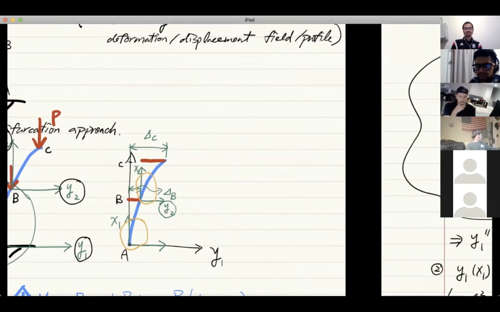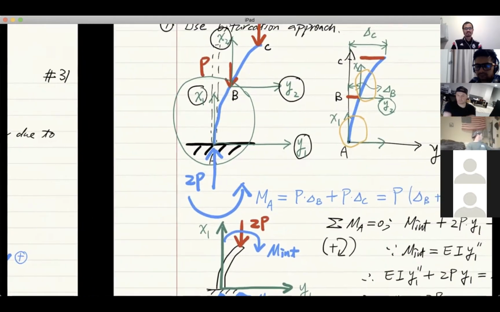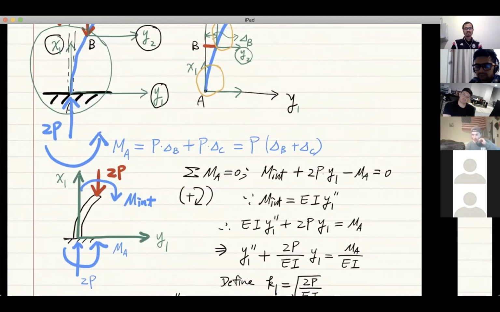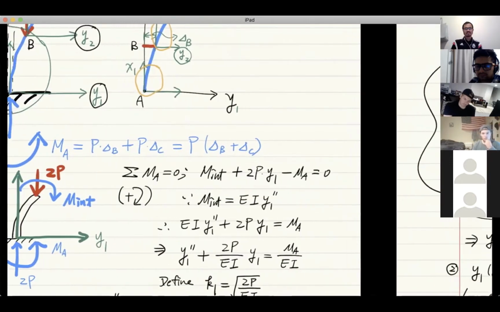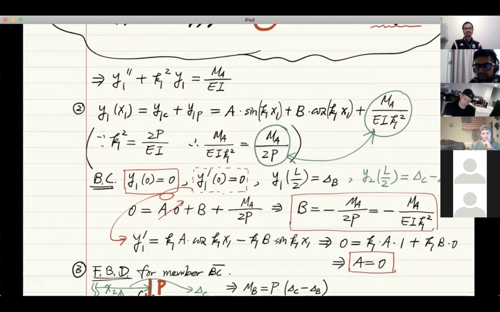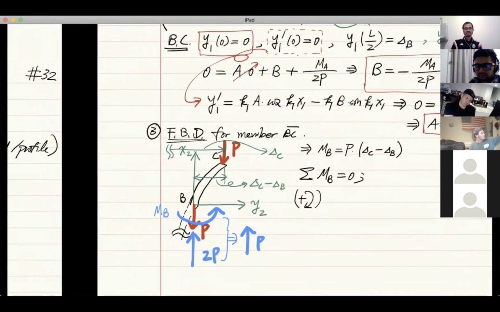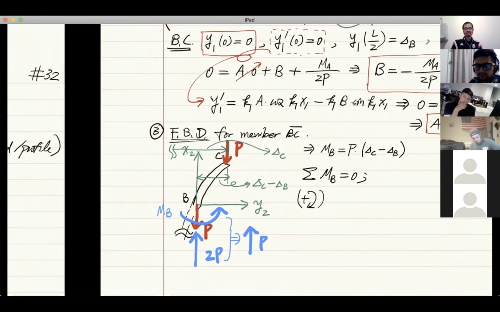So the second free body diagram, remember this one here, we use the distance from the center of the coordinate along the y1 axis. And in this free body diagram, when I say delta C equals delta B, this should be the maximum value when it's at the top. Is that clear?